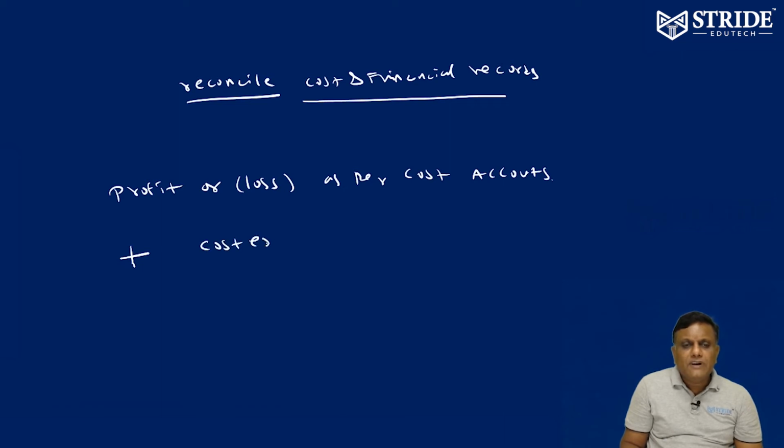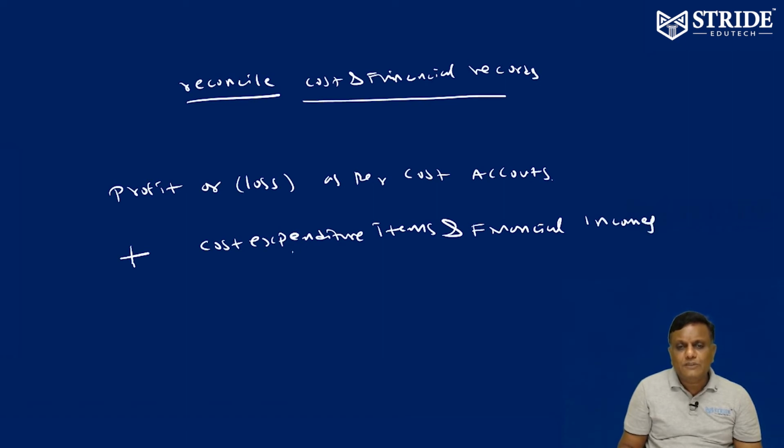Cost expenditure items and financial income items are to be added. For example, over absorbed cost expenditure is also added. What is over absorbed? Expenditure in cost more than expenditure in financial. Cost is always based on absorption or estimation. Financial is always based on incurred. So this is over absorbed.